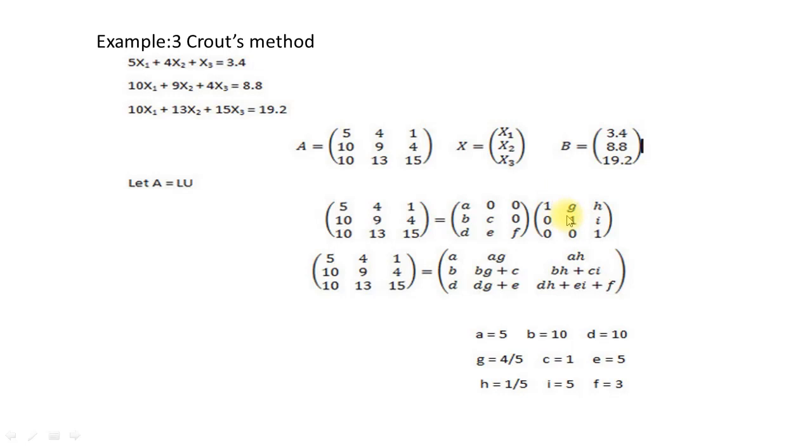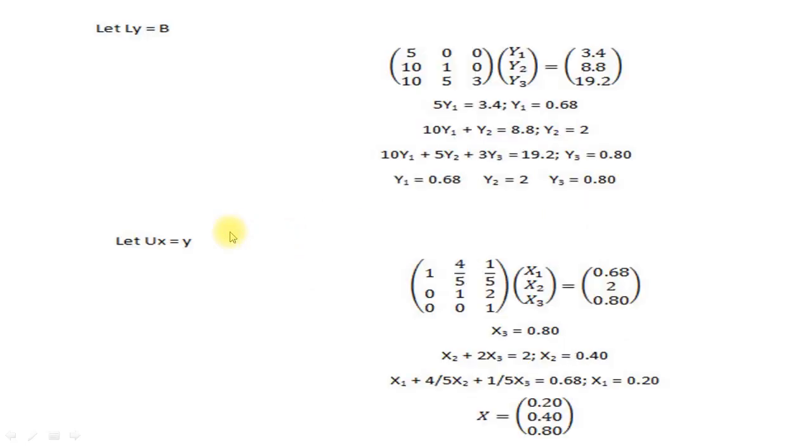Now in the next step, using the lower triangular matrix and matrix B, find the column matrix Y. This is the lower triangular matrix, this is the column matrix Y, and this is the matrix B. From forward substitution, we obtain 5y1 is equal to 3.4. Dividing 3.4 by 5, we obtain y1 is equal to 0.68. Similarly, in the next equation, 10y1 plus y2 is equal to 8.8.